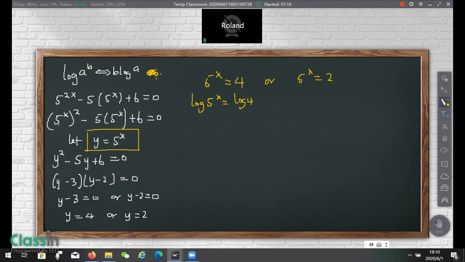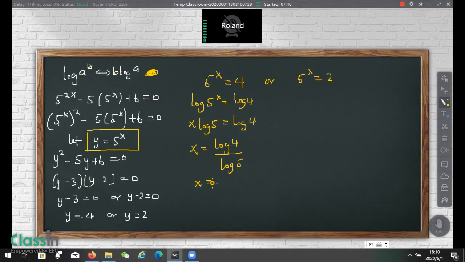We consider this law: log of a to the power b means b log of a. So this means x log of 5 equals log of 3. We can divide both sides by log of 5. So x becomes log of 3 divided by log of 5. We can find the answer. Anyway, we can use a calculator here.